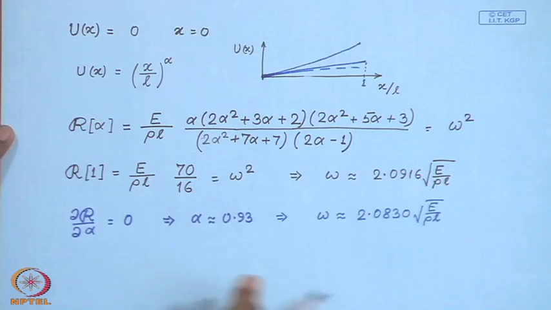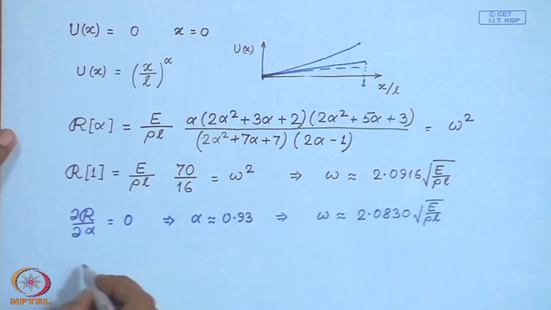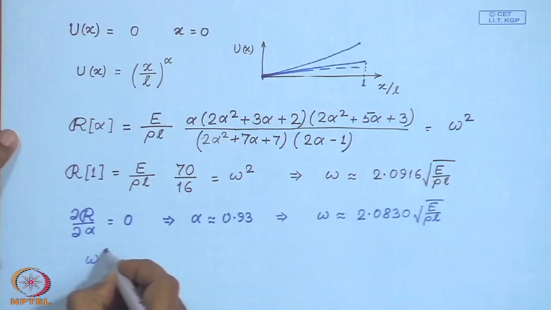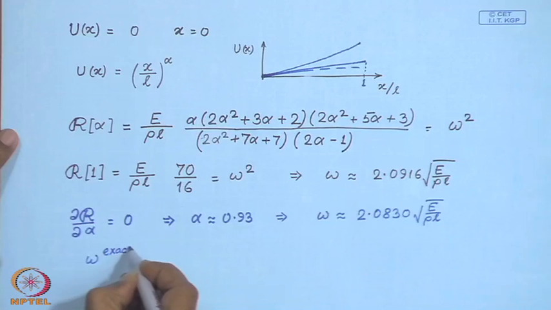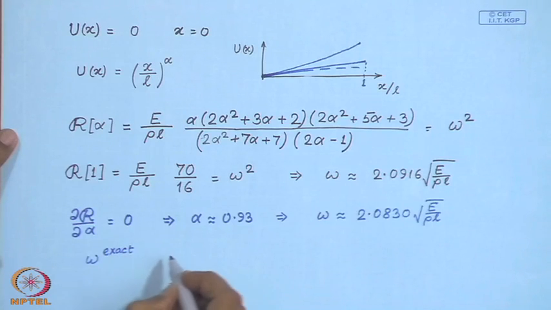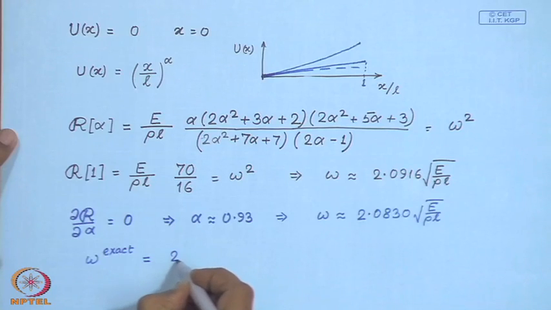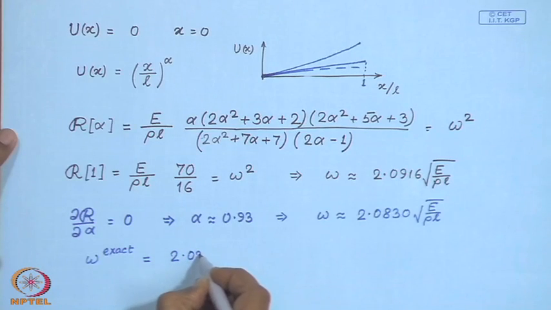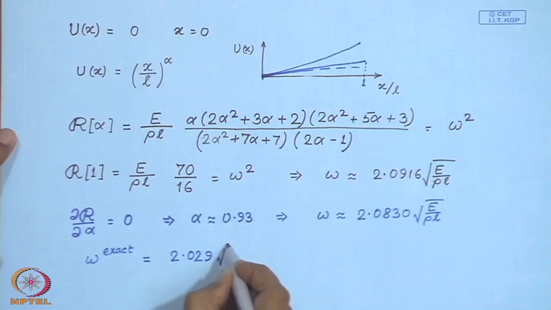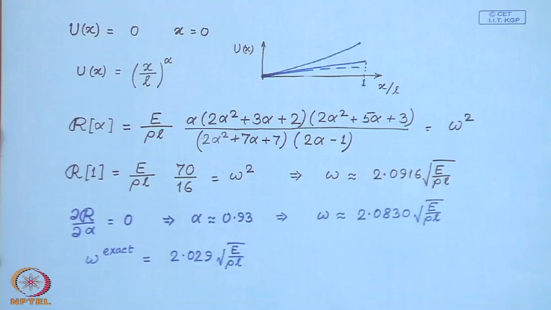Now, we have solved this problem of the tapered bar in a previous lecture analytically, and the exact circular natural frequency that we determined was this.